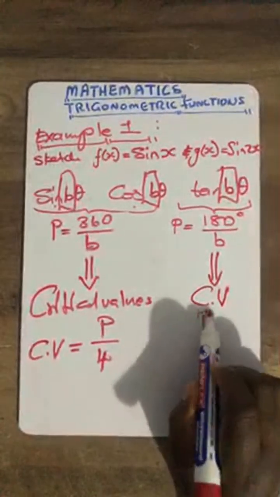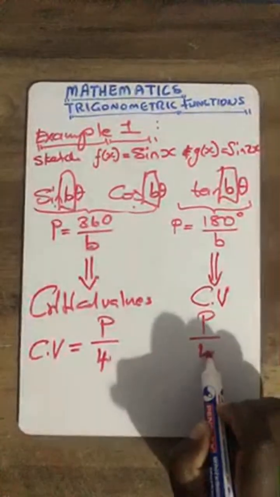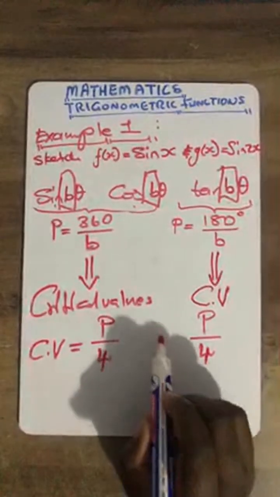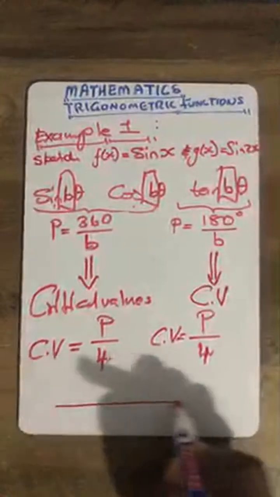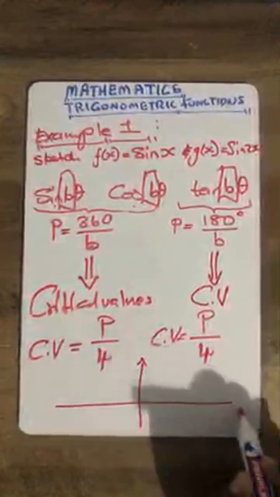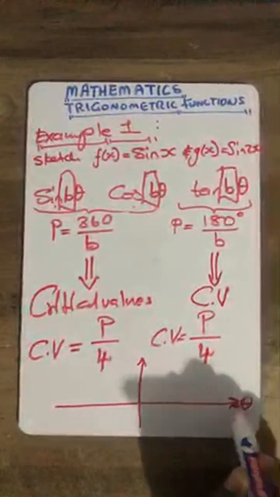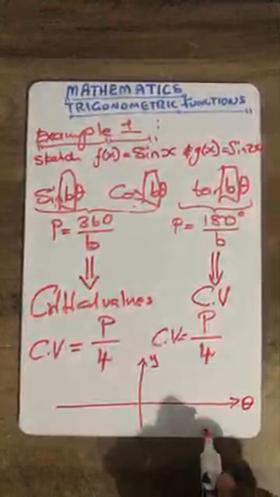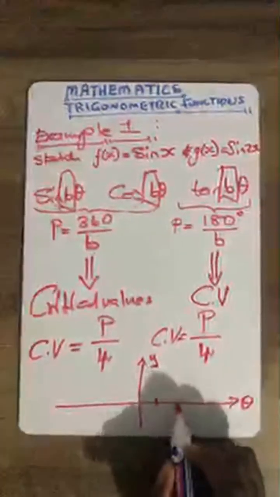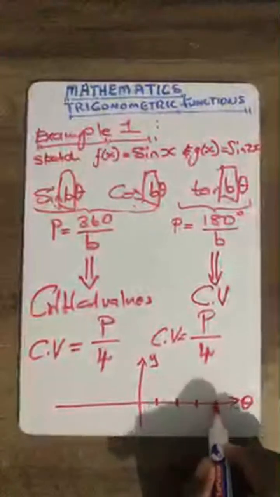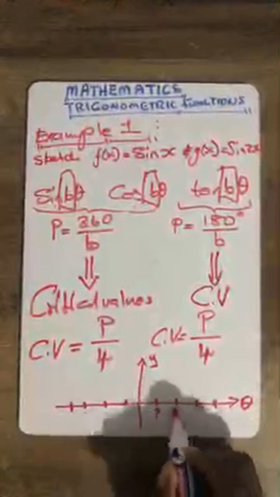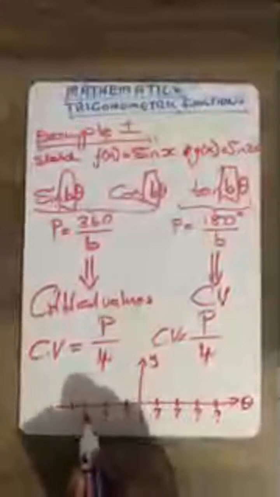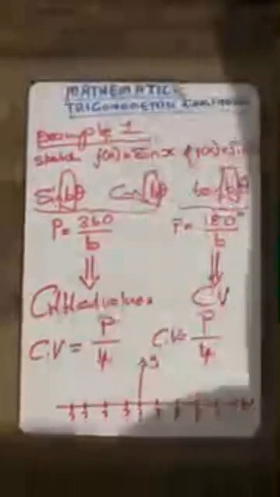Whatever the period that you have, you just divide it by 4. Then the answer that you get is your critical values. What are the critical values? Critical values are those numbers that you need to put there to know what you must have there, and also on the negative side, for you to know what to start with and then continue in that multiple. You are guided by the answer that you get when you calculate the critical values.